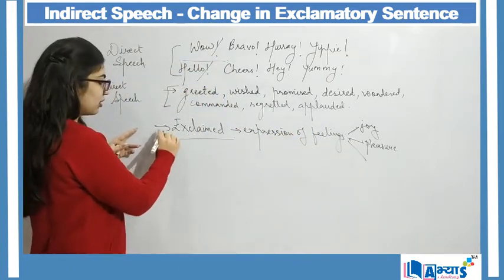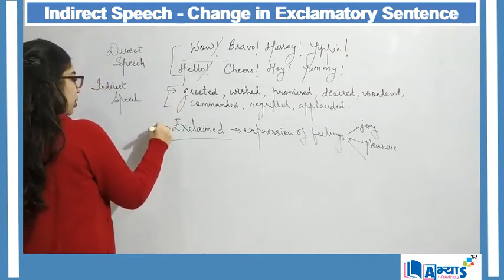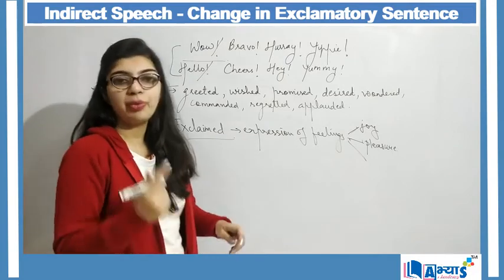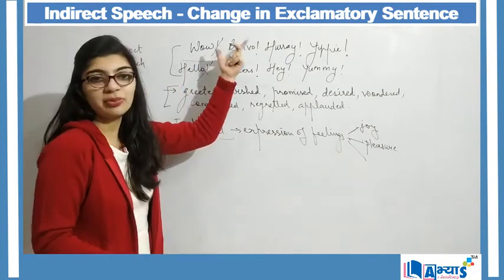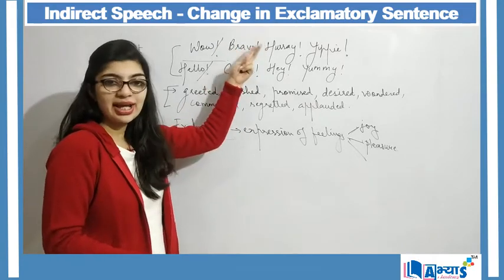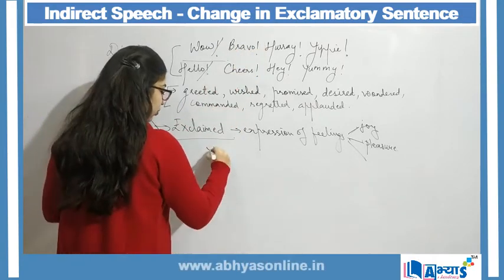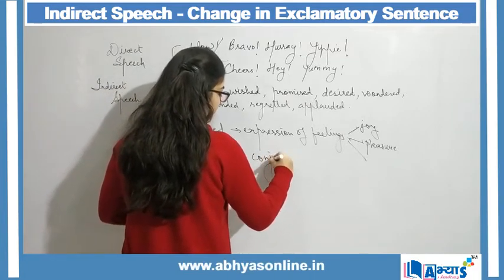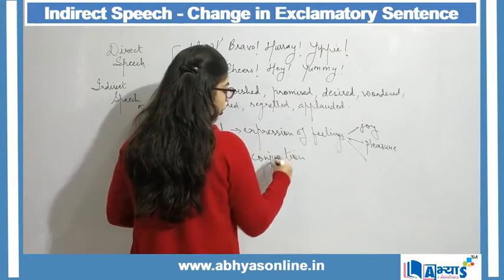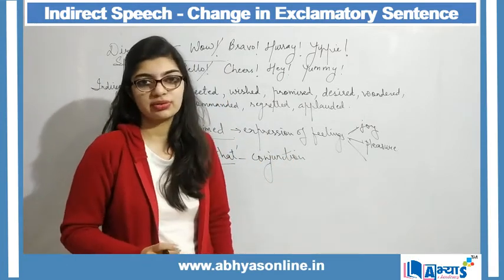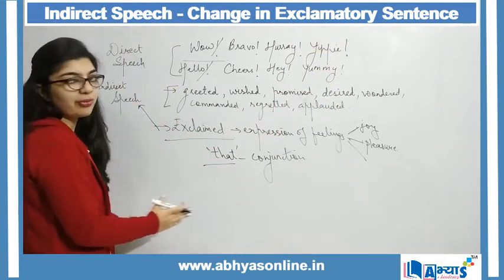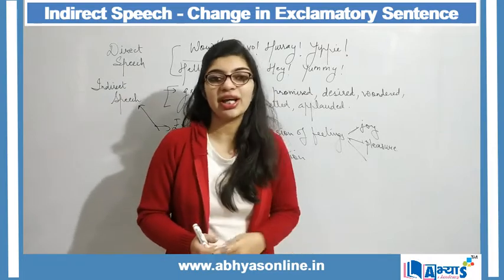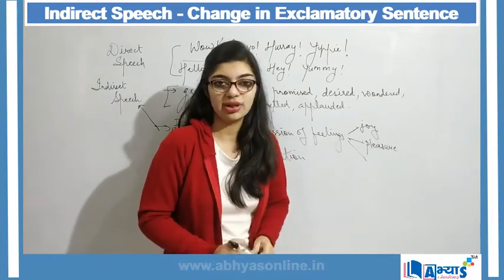So this is also a point to remember for indirect speech. Then an important point is that when converting from direct to indirect speech, we make use of the word that, and here that acts as a conjunction so that an appropriate sentence can be formed. So these are the important points that we need to remember for converting a direct speech into indirect speech with exclamatory words.